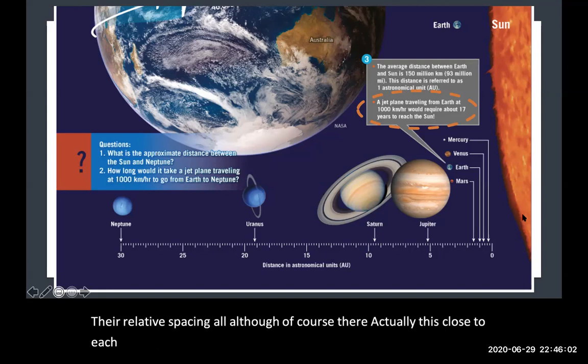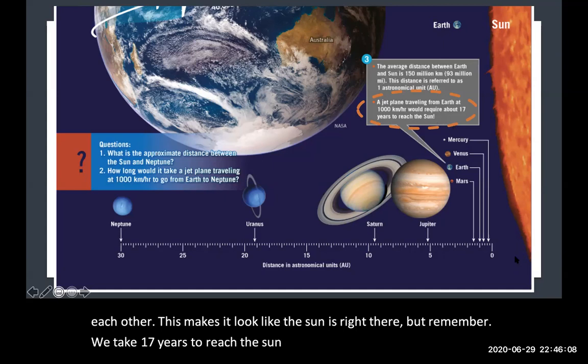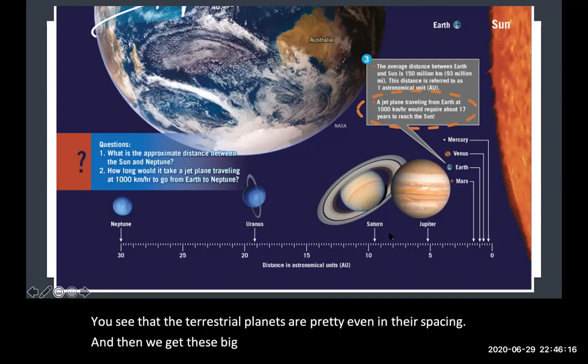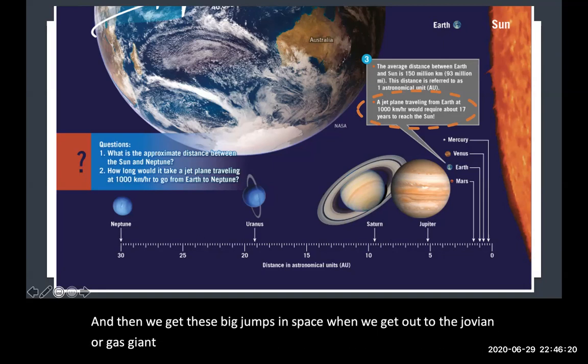This makes it look like the sun is right there, but remember, it would take 17 years to reach the sun. It's 93 million miles away. We see that the terrestrial planets are pretty even in their spacing. And then we get these big jumps in space when we get out to the Jovian or gas giant planets. Okay, let's move on.